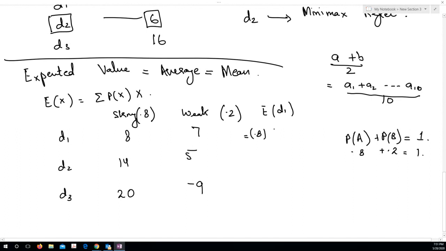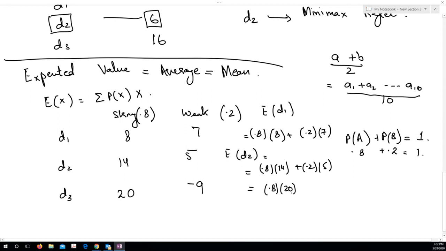So we'll do 0.8 into 8 plus 0.2 into 7, and the expected value of D2 will be 0.8 into 14, plus 0.2 into 5, same thing, and for the third, minus 9.